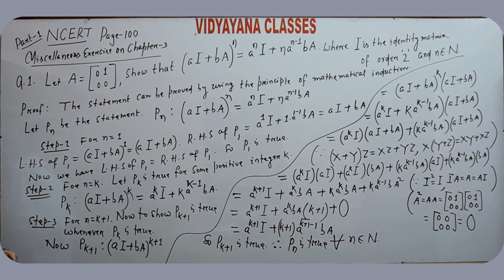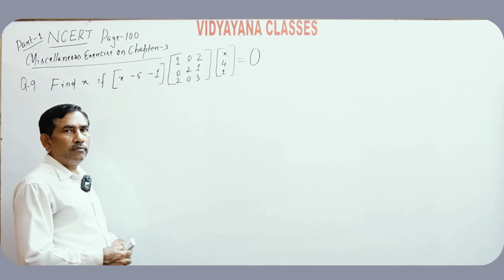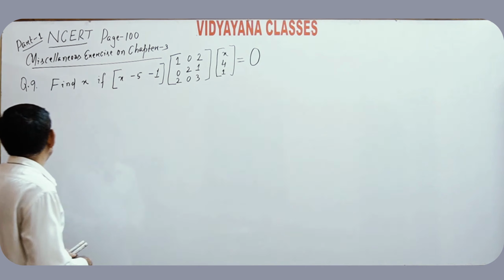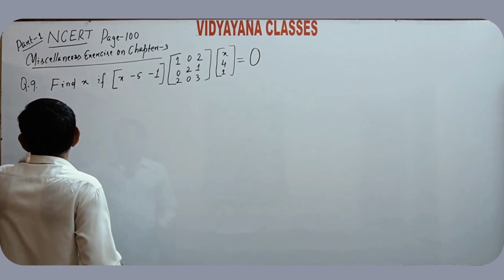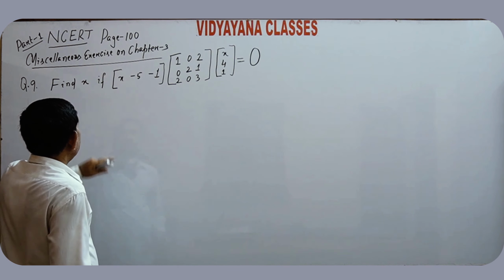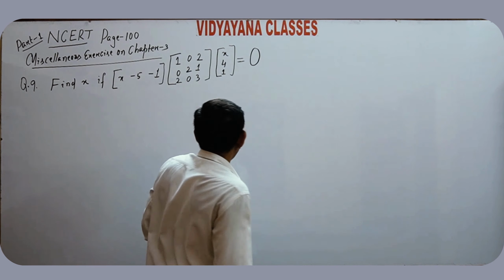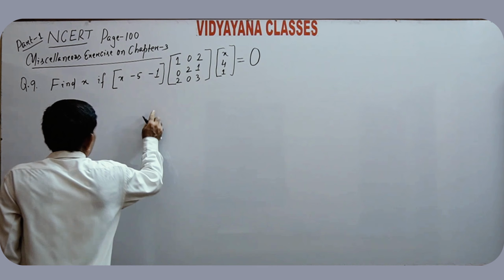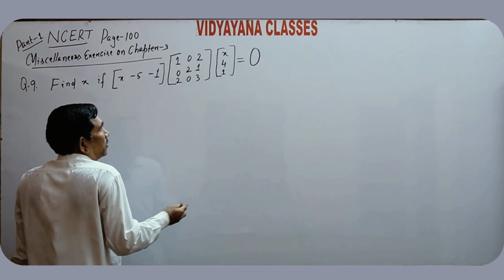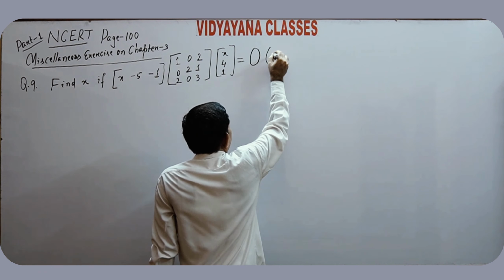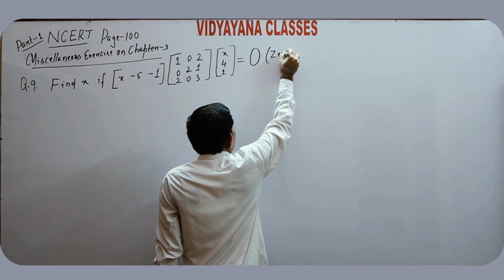Write down. Question number 9. Find x if product of 3 matrices is equal to 0 matrix. Capital O represents 0 matrix.